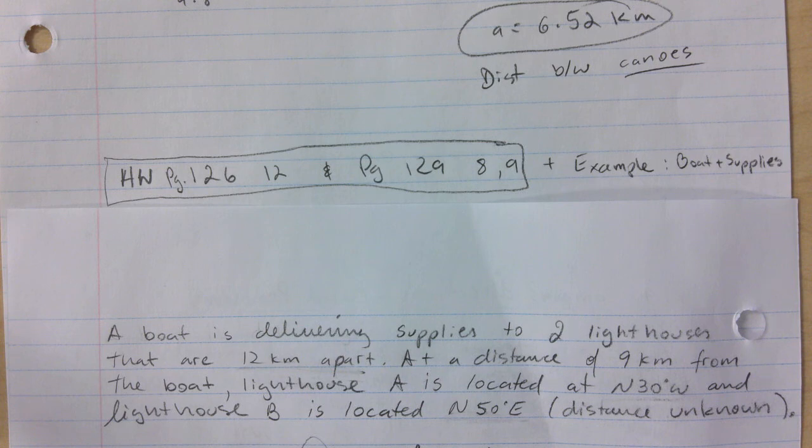A boat is delivering supplies to two lighthouses that are 12 kilometers apart. It does not say that they're right beside each other. Notice that. It just says they're 12 kilometers apart. So the way you want to draw it, it's up to you. At a distance of 9 kilometers from the boat, lighthouse A is located at north 30 degrees west, and lighthouse B is located north 50 degrees east.